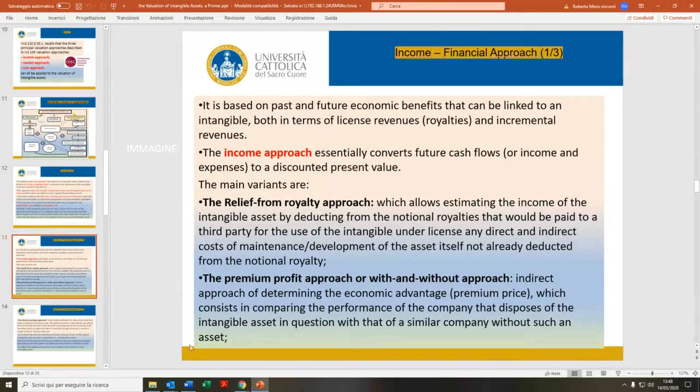Then we can have a second one represented by the with or without approach. Which is the value with or without the patent? As we said before in the example, the value of the firm with the patent is 180, without the patent is just 100. So the incremental value that can be attributed to the patent is 80.